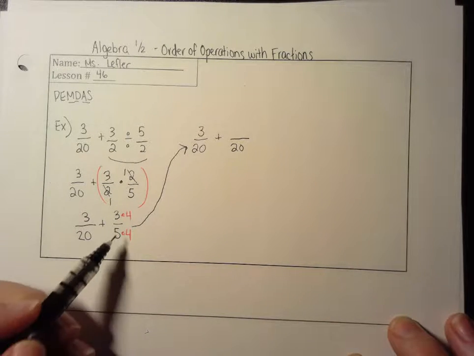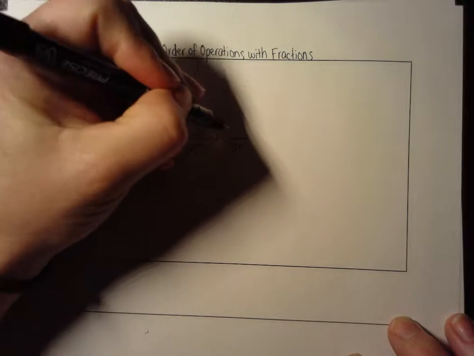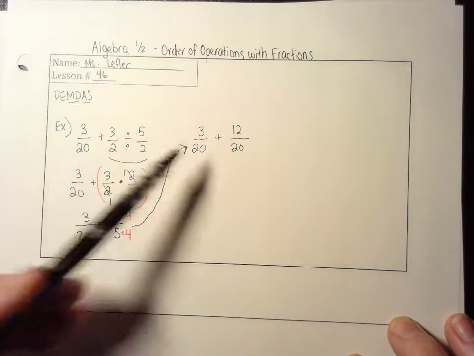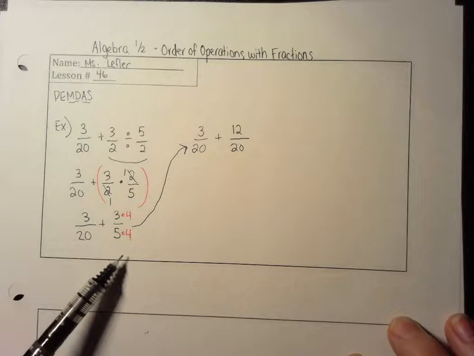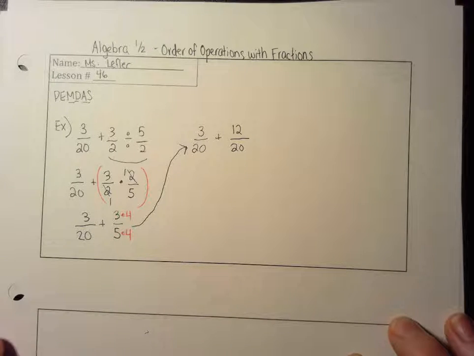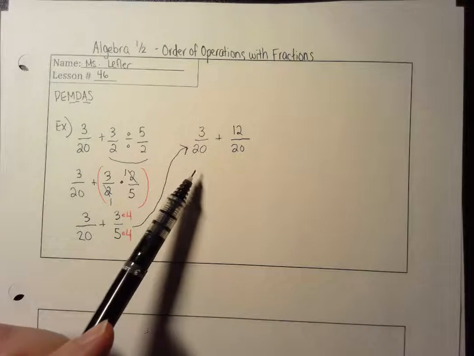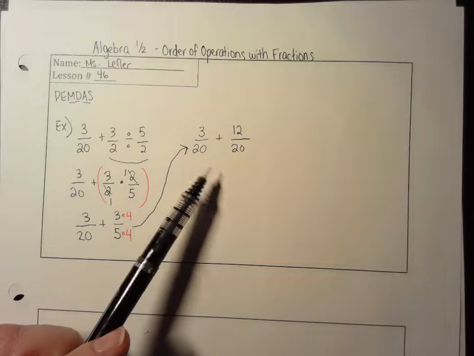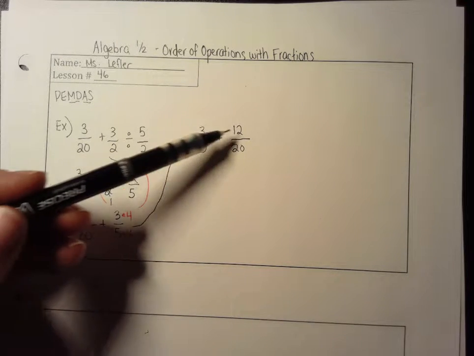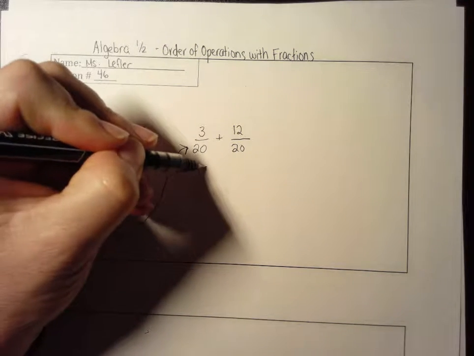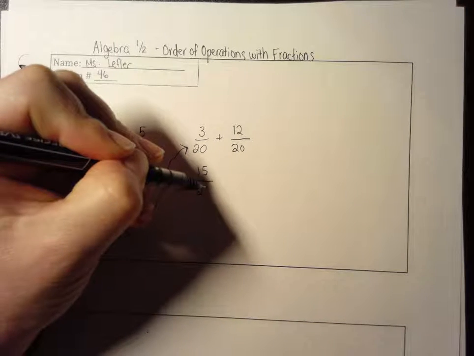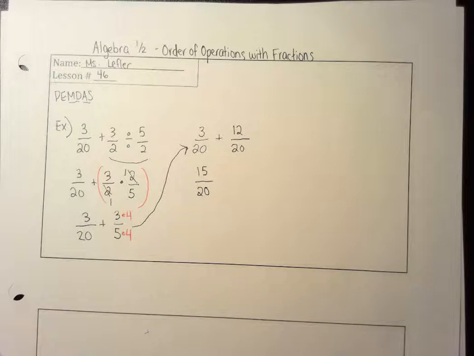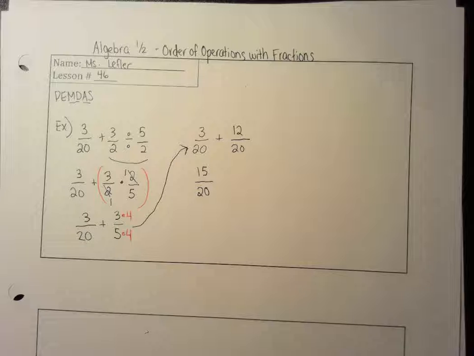So then I get 3 times 4 is 12. So 12 over 20 is equivalent to 3 over 5. I've just expanded it. Now that I have a common denominator, I can go ahead and add the numerators. So I can add 3 plus 12, it's 15. The denominator stays the same with addition. So my answer is actually 15 over 20.